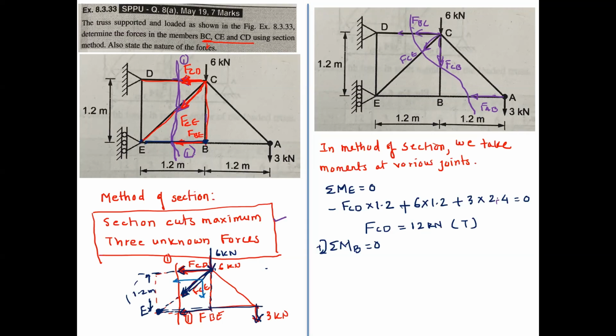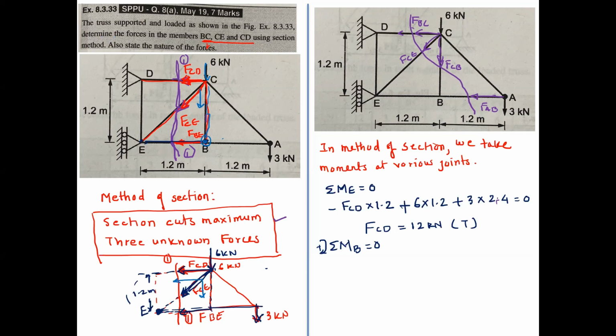If you take the moment about point B, this 6 kilonewton force will pass through the same point, and the vertical component of this inclined force will also pass through the same point.